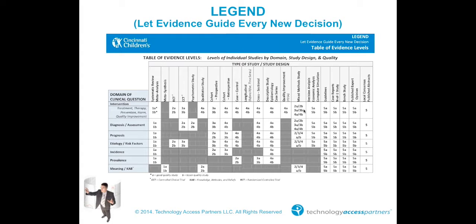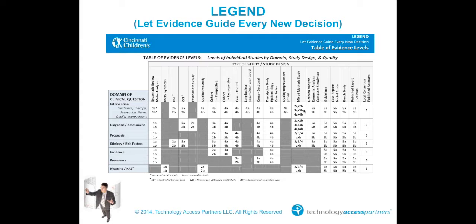Part of what this particular table is, is actually their table of evidence levels that they use to grade different studies. If you look down the left side, the domain of clinical question is ultimately what is the basic clinical question being addressed within a particular study. For example, is it an intervention, a treatment, a therapy, quality improvement?